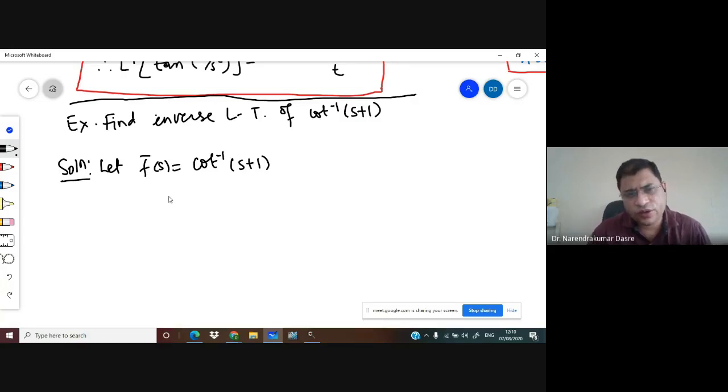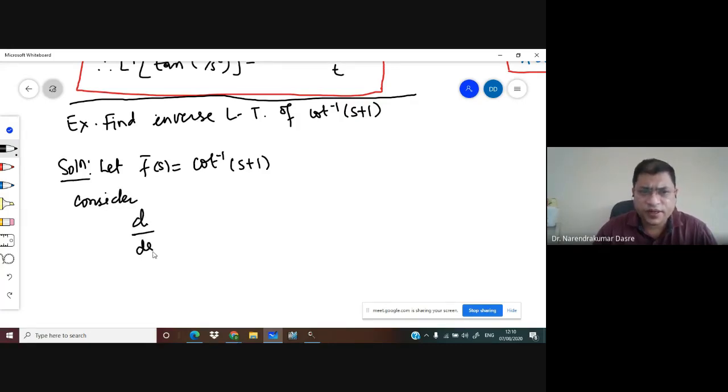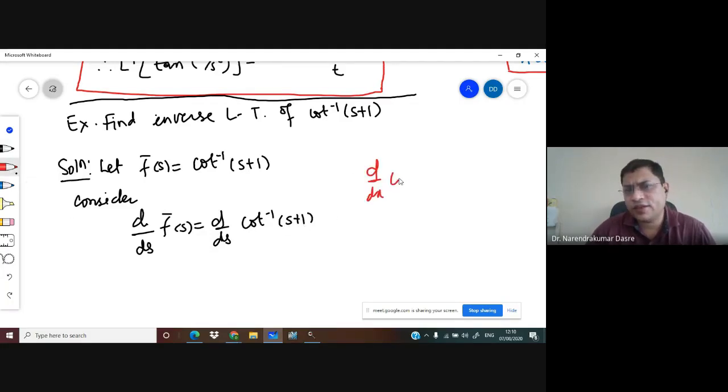Now we have to find out, as the first step, the derivative of this. So consider d by ds of f bar of s is equal to d by ds of cot inverse of s plus 1. And we know the derivative d by dx of cot inverse of x is minus 1 upon 1 plus x square.